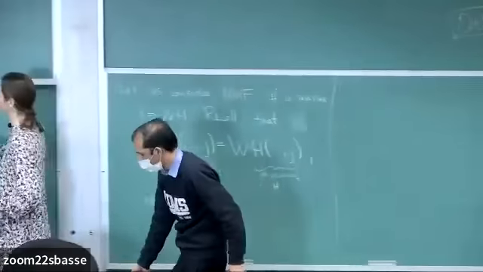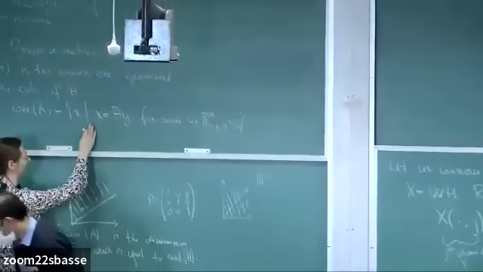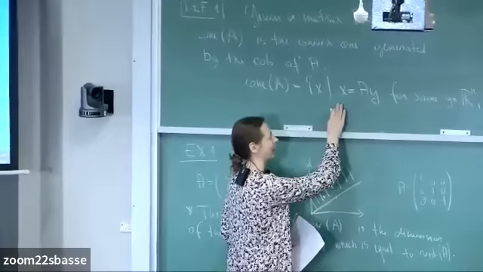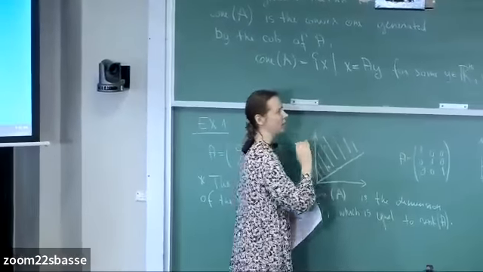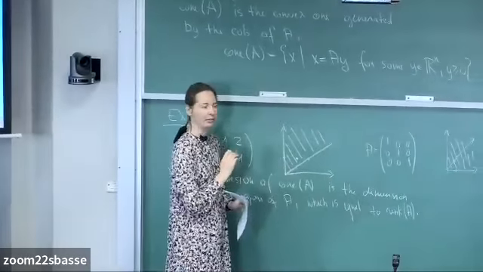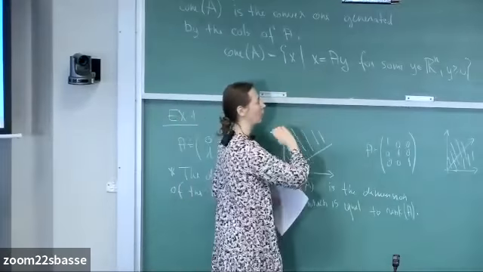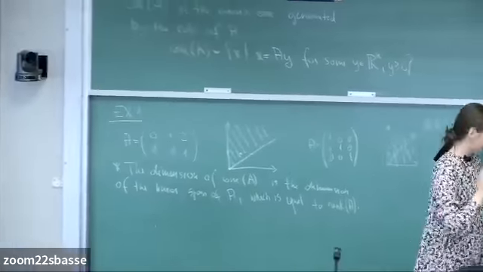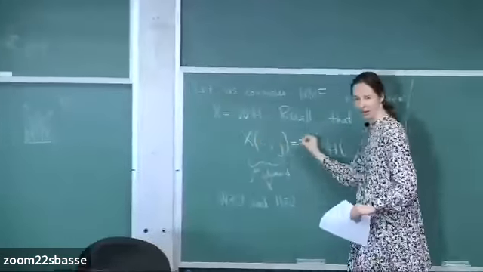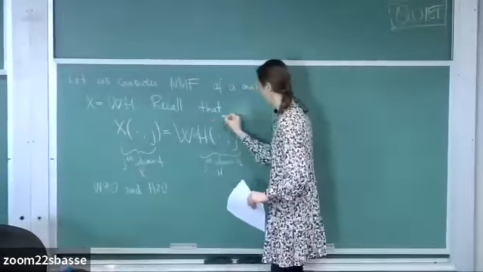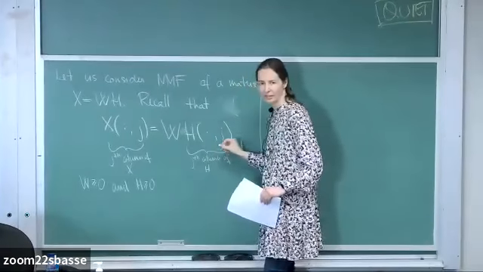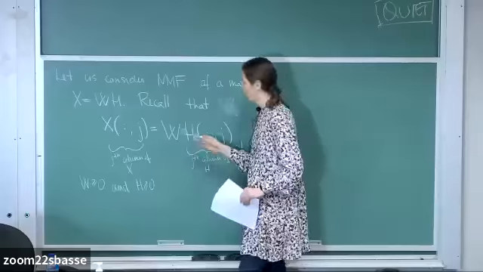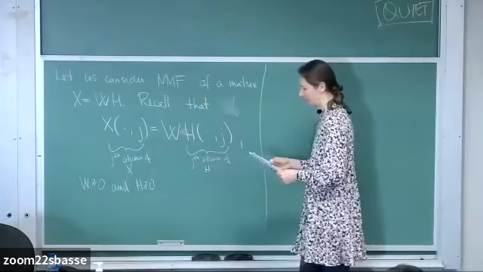Let's look at this over here. We were considering all the points x, where x is equal to A times y, where y is non-negative. So A is a matrix and y is a vector and x is a vector. Cone of W, exactly, because these are vectors and these vectors are non-negative, exactly as in the definition of a finitely generated cone. And then W is our matrix.